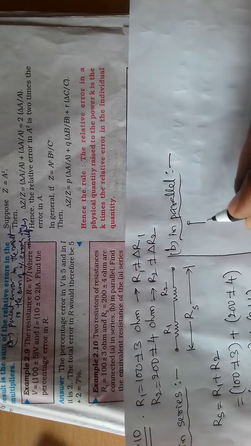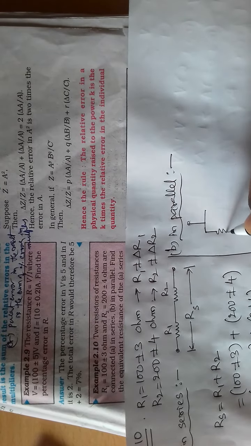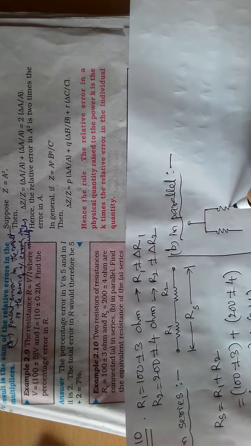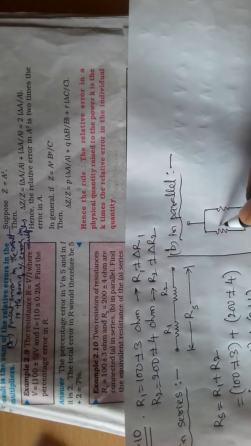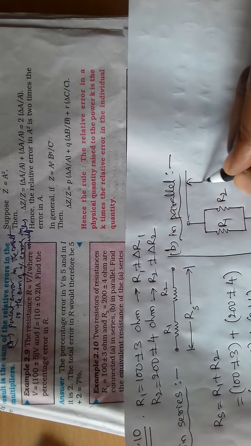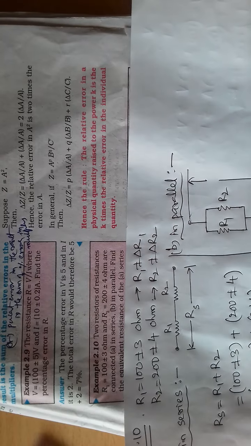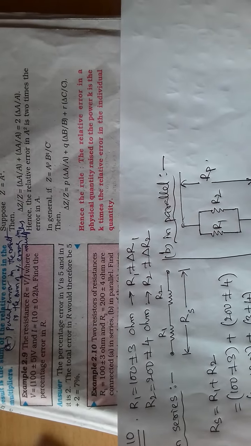In parallel, here this is R1, this is R2. So what is the resistance between these two terminals? Say this is Rp, the value when two resistances are connected in parallel.